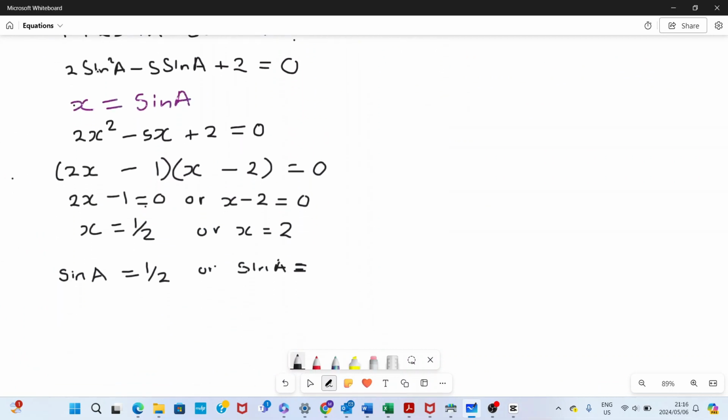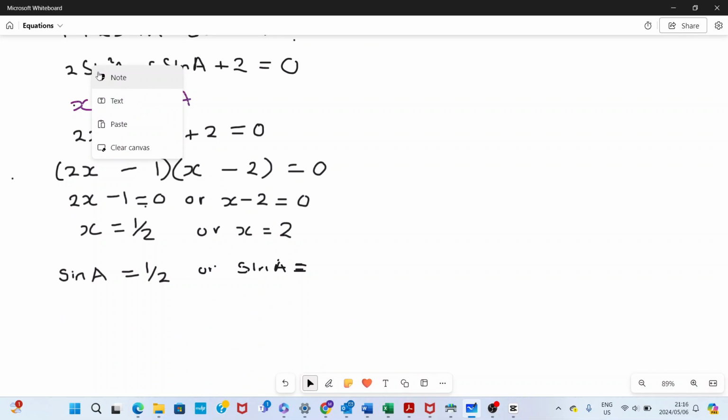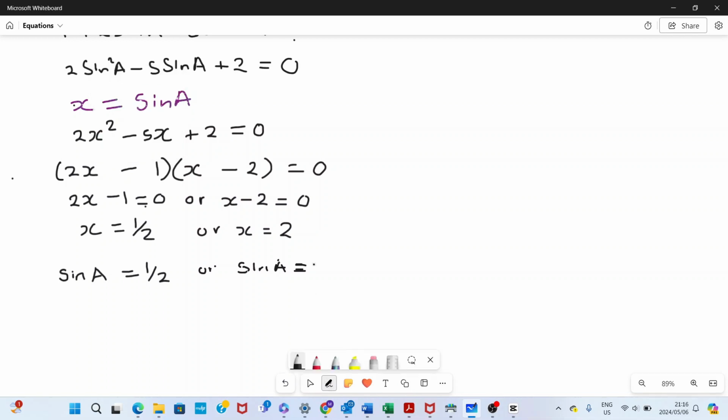So when you get to this point, because of your knowledge of the sine graph, the mother graph of sine, you will say this cannot be equal to 2.